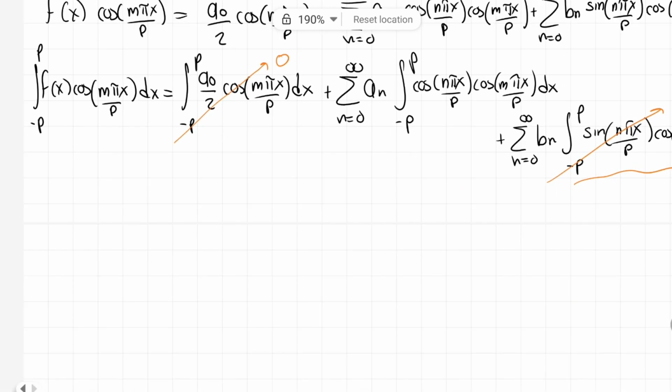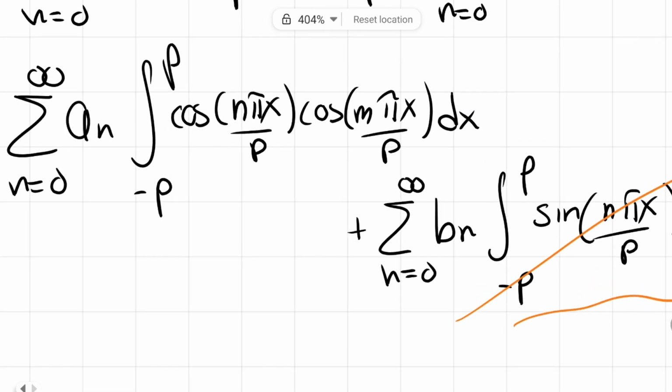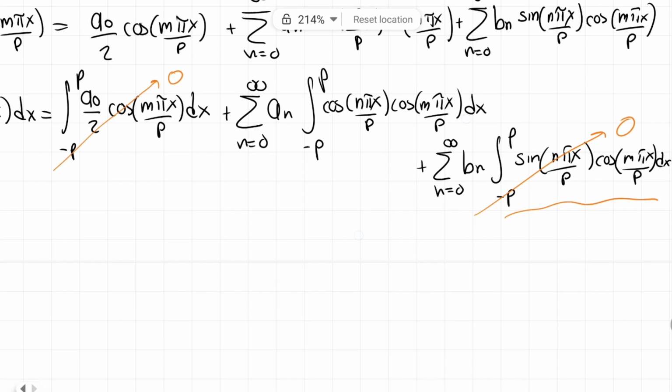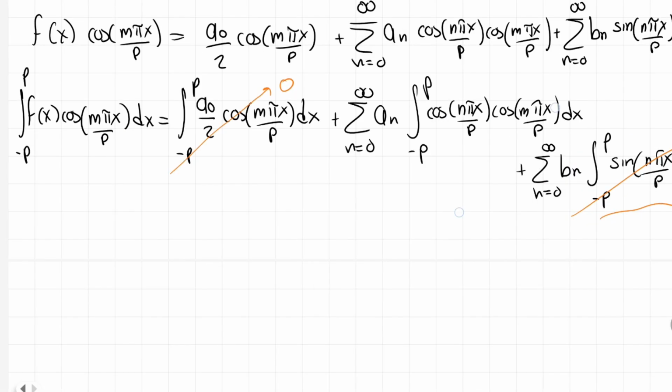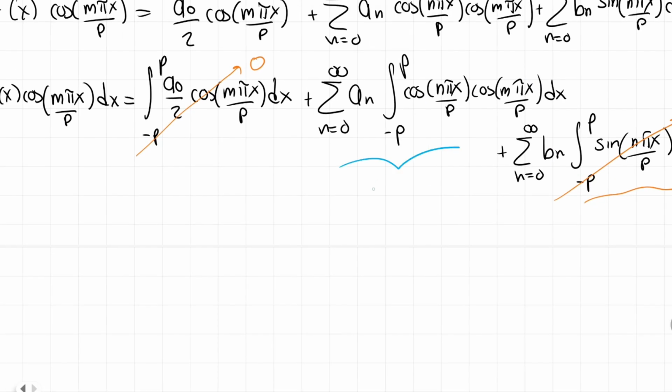And again, in this term, remember, this integral is going to be equal to 0 if n is different from m, but it will be equal to p if m is equal to n. So that means that this is just going to be a sub m p.